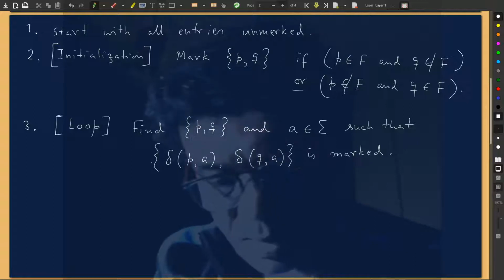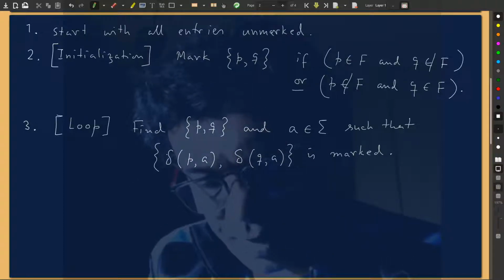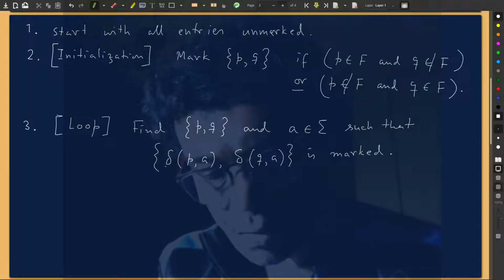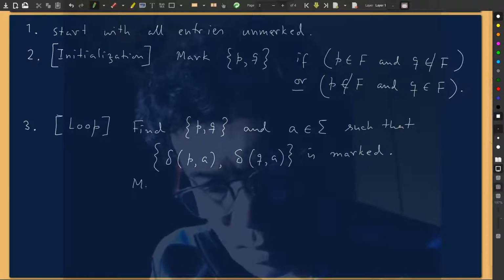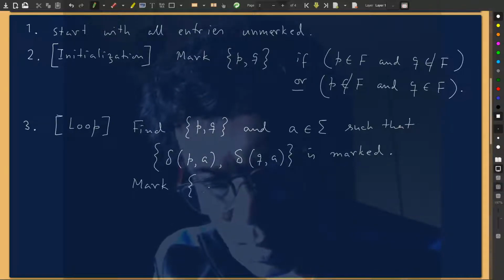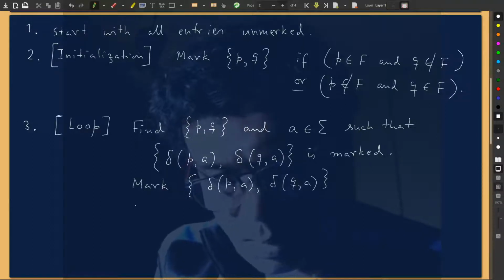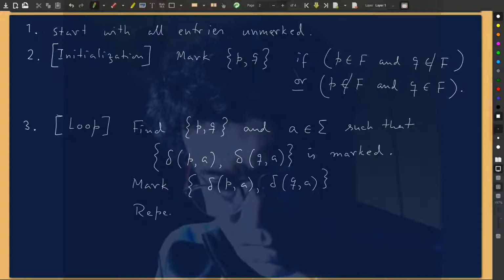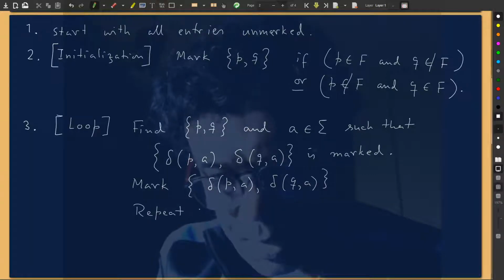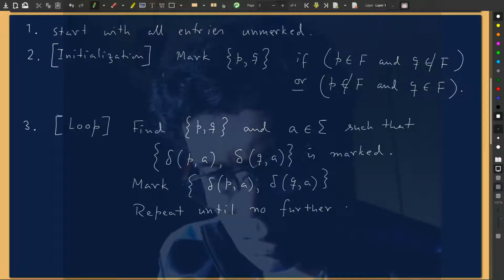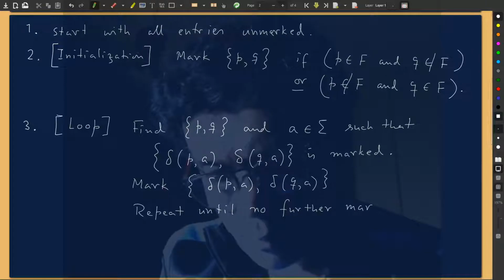If such a combination of states P, Q and a symbol A in the input alphabet is found, then you mark the pair P, Q. Repeat this loop until no further, or no new, marking is possible.